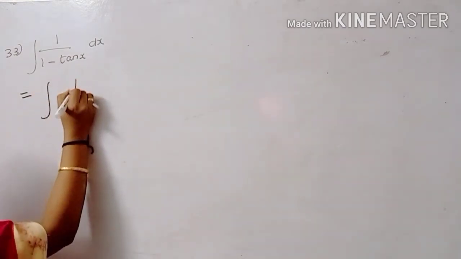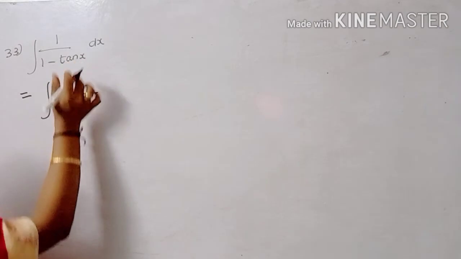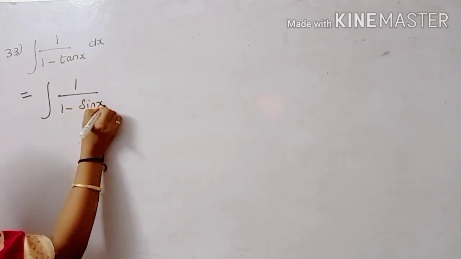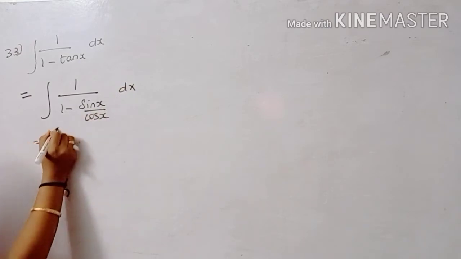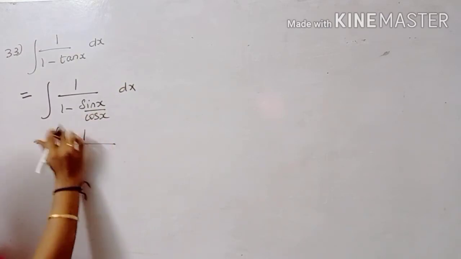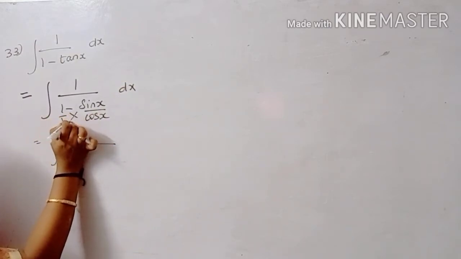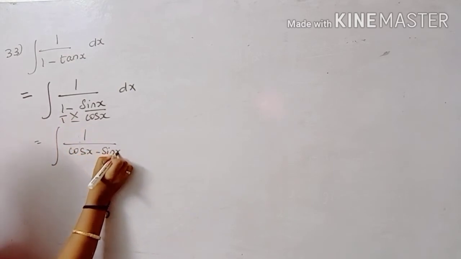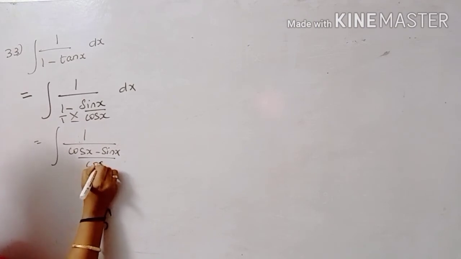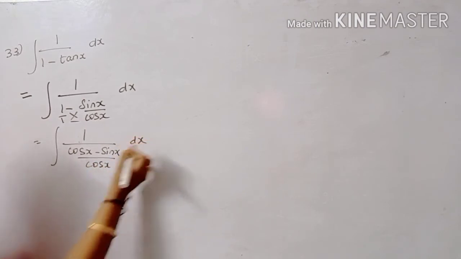Integral 1 divided by 1 minus tan x, I can write it as sin x divided by cos x into dx. So this is equal to 1 divided by, when I cross multiply, we get cos x minus sin x divided by cos x into dx.